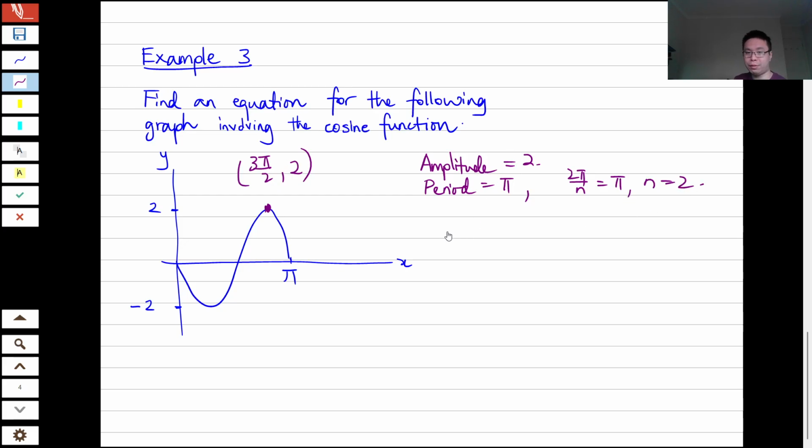So if my graph has the form y equals a cosine of nx, then I get y equals 2 cosine of 2x but I need a translation as well.